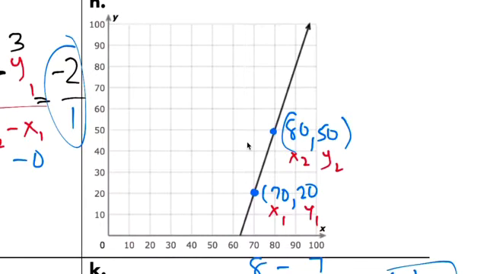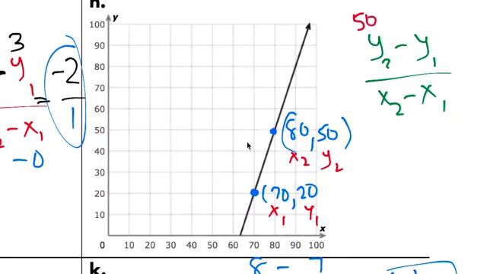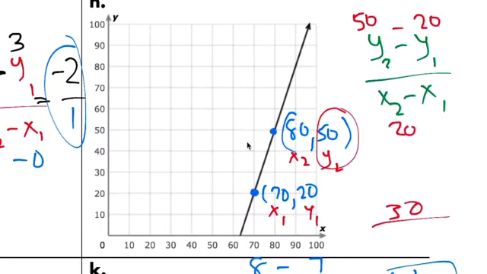Formula is y sub 2 minus y sub 1 over x sub 2 minus x sub 1. Y2 is 50, y1 is 20, and then that makes it 30 over x2 is 80, x1 is 70.